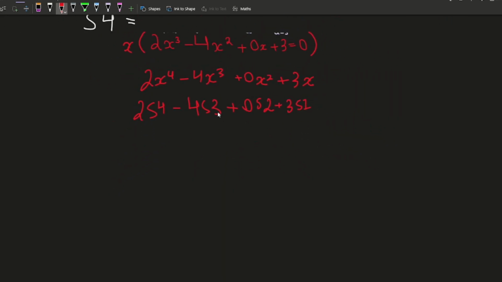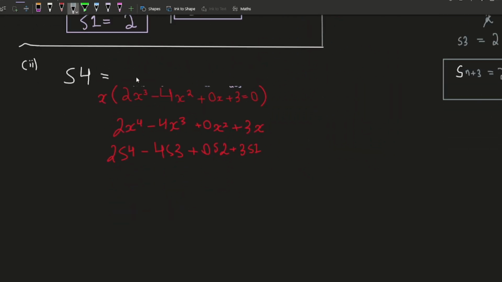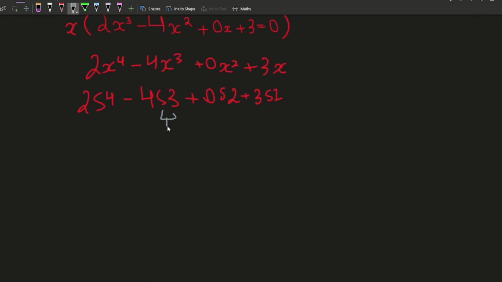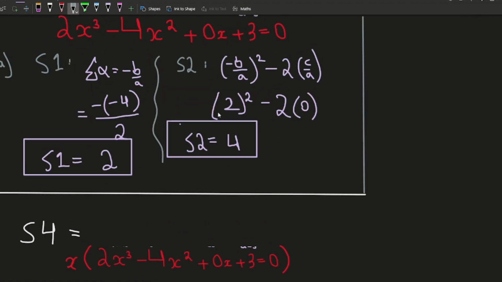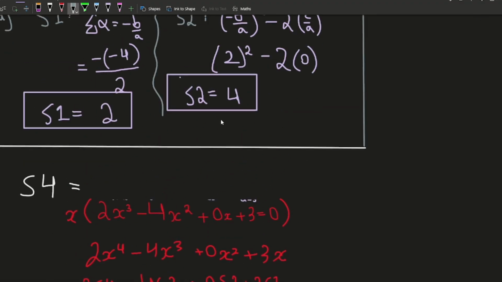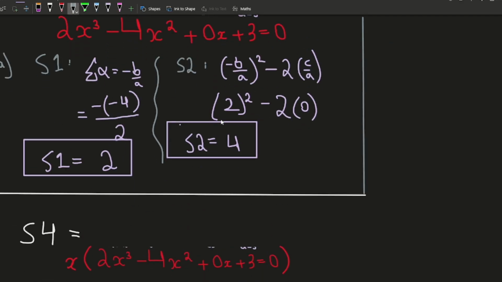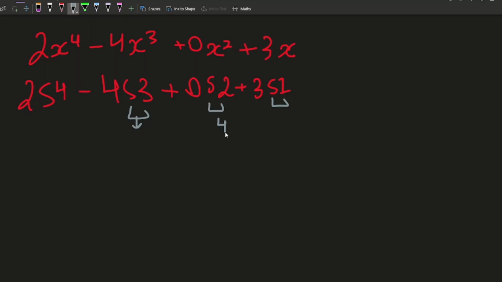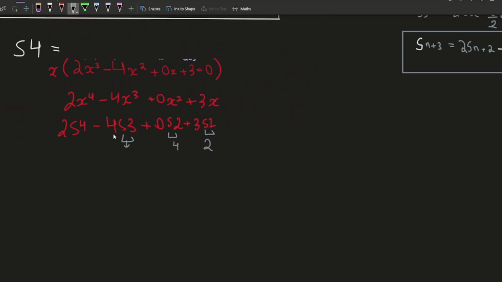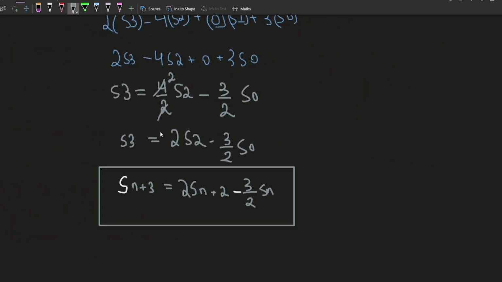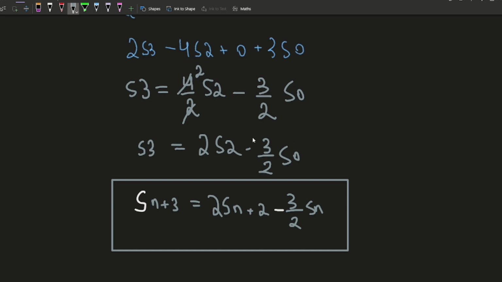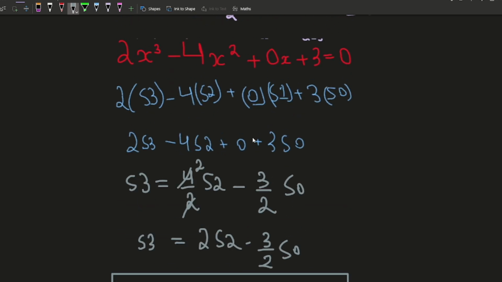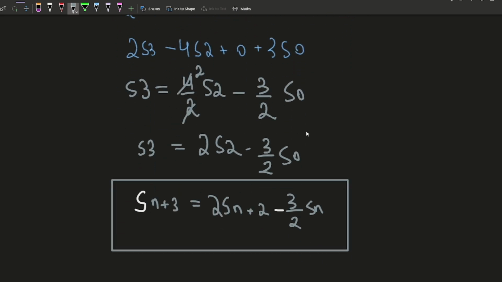Now we have to find the values for S3. S2 we already know the value of, which is 4. We solved it in the first question, and S1 as well, which is 2. Now we need the value of S3. In here, we made a sign error, but now it's fixed. So we have actually found the formula for S3. We just need to input the values for S2 and S0 to find S3.